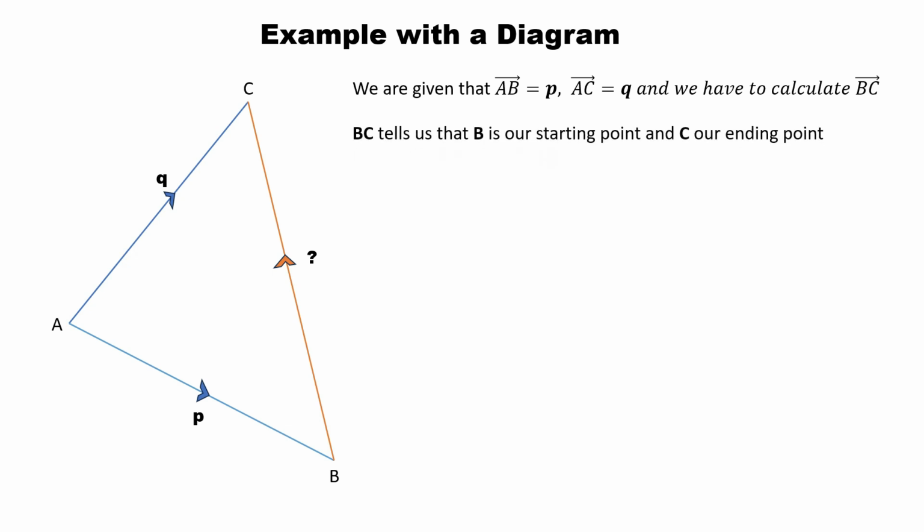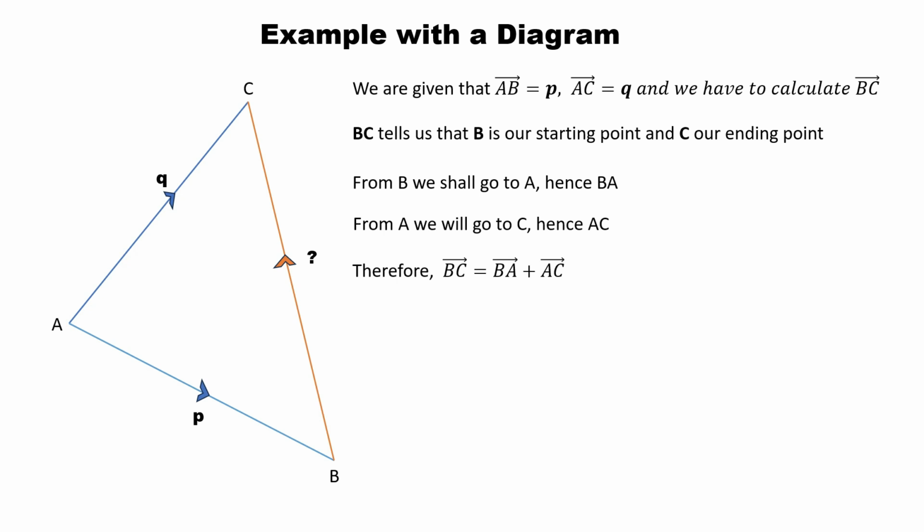BC tells us that B is our starting point, and C is our ending point. So from B, we shall go to A, which means BA. Then from A, we will go to C, which means AC. Therefore, BC is simply BA plus AC. But as you can see, we need BA, but are given AB, which means we are opposing the direction. And whenever there is a change in direction, we have to change the sign of our vector.